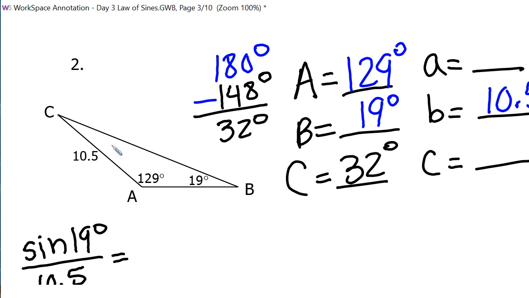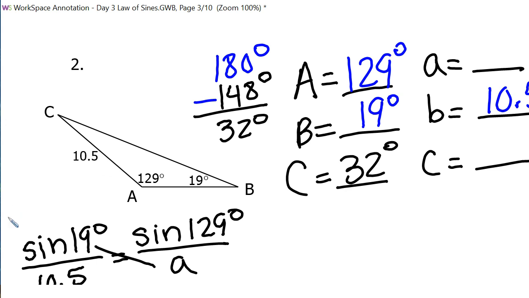Now we're doing A. So this would be sine of 129 degrees over A. So sine of B over side B is equal to sine of A over side A. Cross multiply. So this would be A times the sine of 19 degrees equals 10.5 times the sine of 129 degrees.